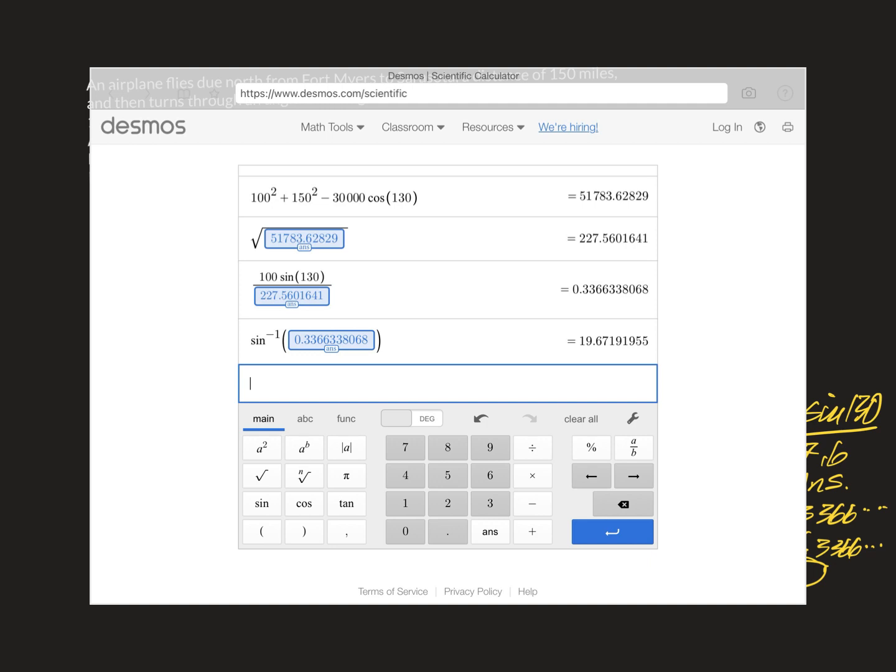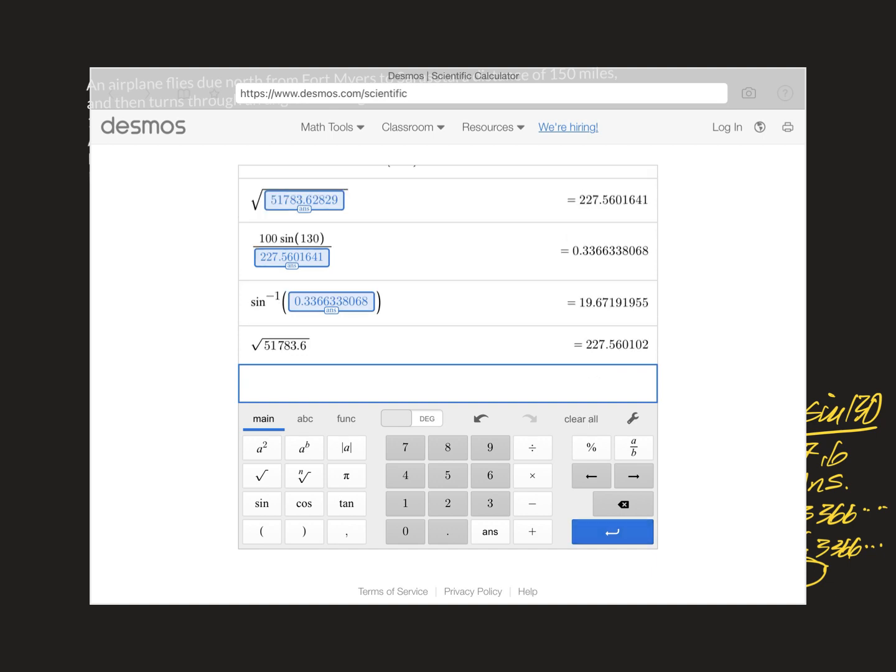Now, this is the way it works on every calculator. Okay? Knowing how to use the answer key so I don't get round off error. Now, just so you know, watch what happens if I round off along the way. So suppose I take the square root of 51,783.6 because I rounded off, right?